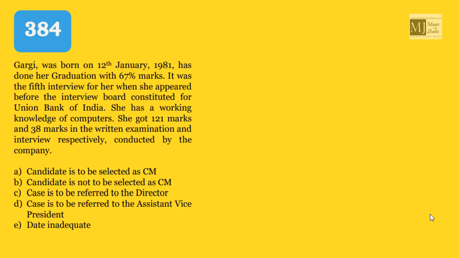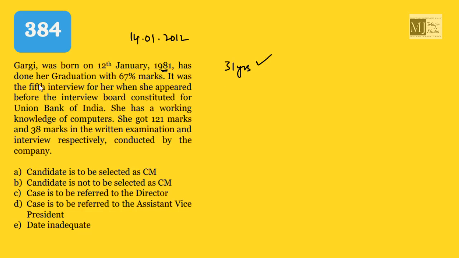So here is our first candidate, Gargi, born on 12th January 1981, and our date under consideration is 14th January 2012. That is 31 years. Age correct. She has done her graduation with 67% marks. Marks correct.